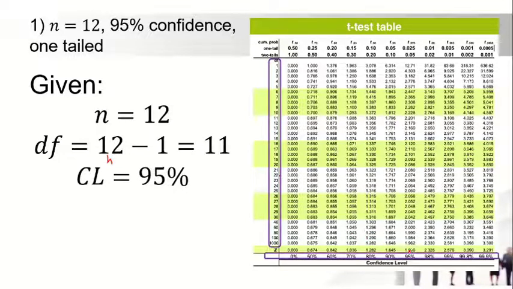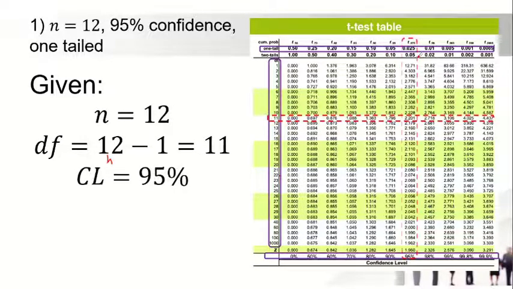Ito yung confidence level nyo, at one-tailed here. Ito yung intersection nyo. Ayan. Asan ang intersection nyo? So, ang critical value, yung t-value rather, the t-value is 2.201. Ganun lang po ang steps kung paano nyo kukuhanin yung t-value.